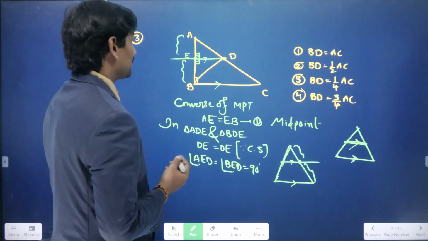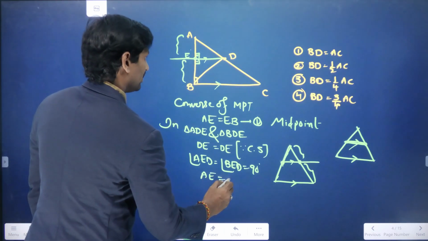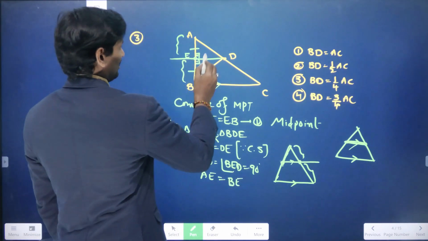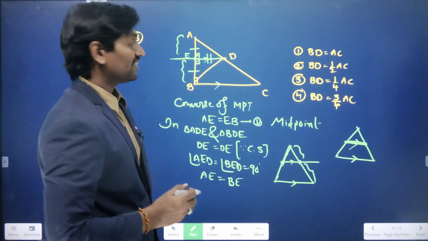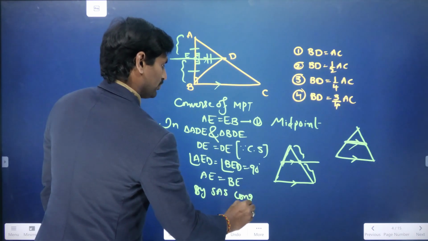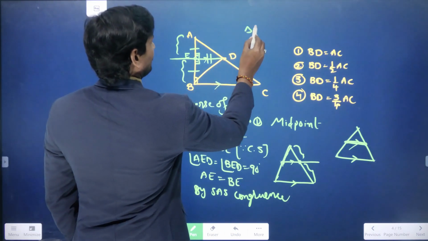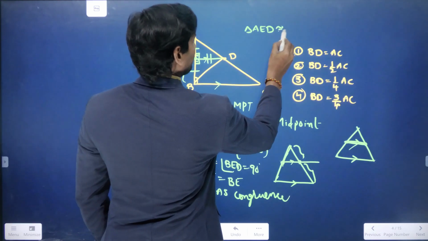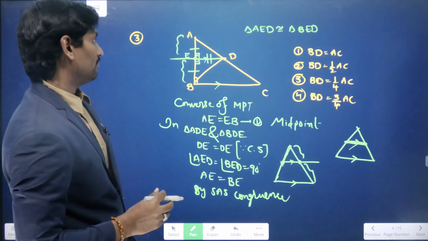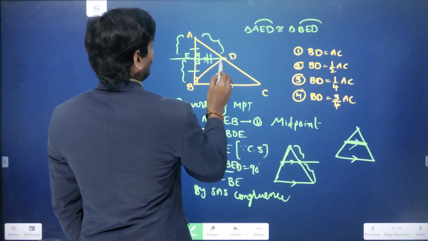Two measurements I got. And the third measurement: AE equals BE because E is a midpoint. So two sides and one angle, by the SAS congruence rule, you already know these rules, we can say that triangle AED is congruent to triangle BED. So from this we can take AD equals BD, AD length equals BD length.